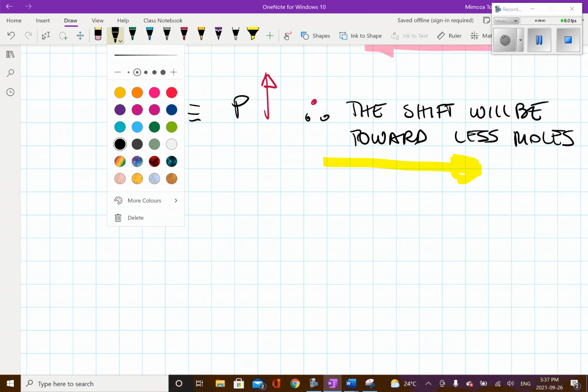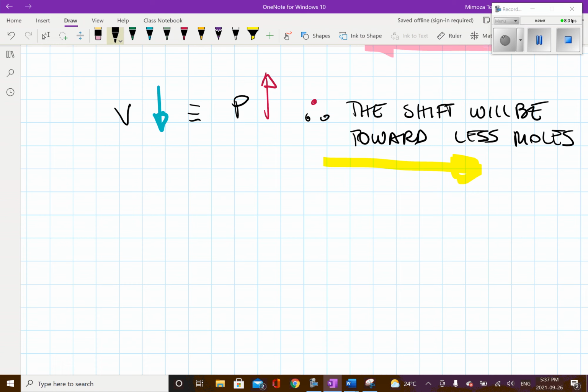Okay, so now let's emphasize something here. We have talked about two concepts, the rate and the shift. They are related to each other, but they are not exactly the same thing.